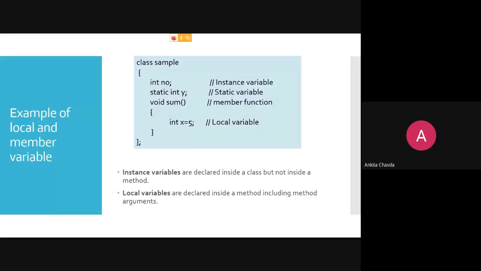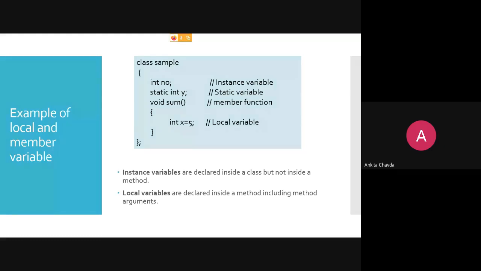Fine. And then you have this void sum. In that you have integer x equals 5. That is your local variable because it is declared within your function, that is void sum. In void sum only, within the curly braces, you have integer x equals 5. So the instance variables are declared inside a class but not inside a method.